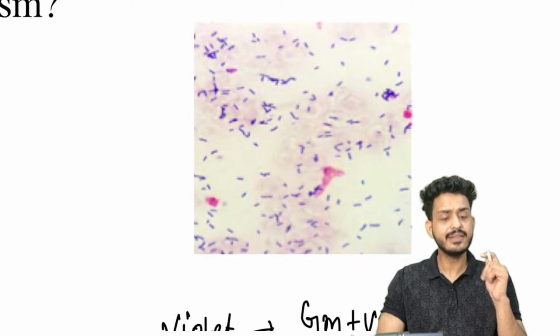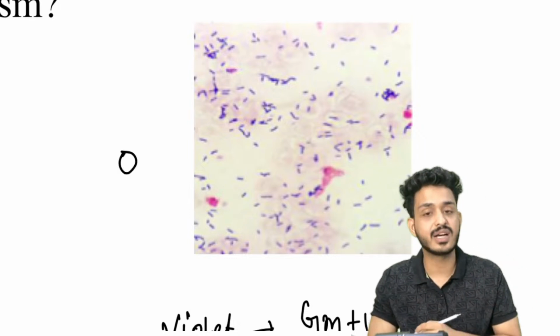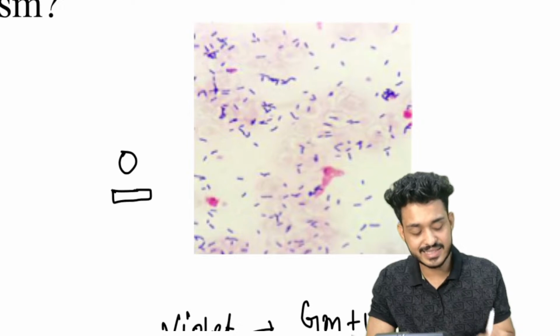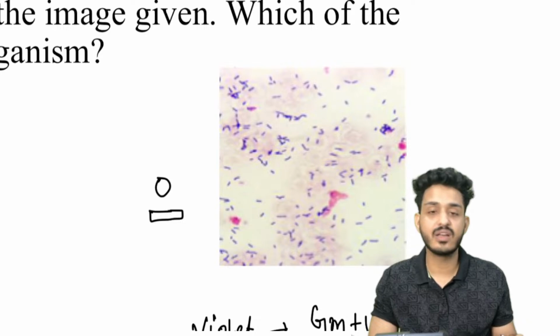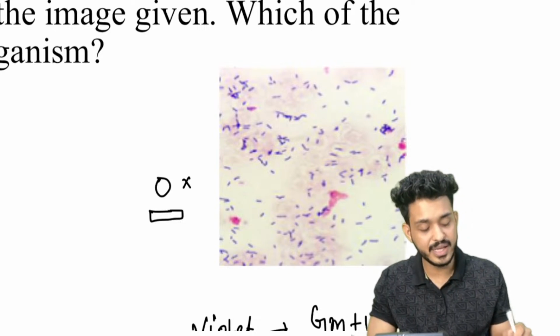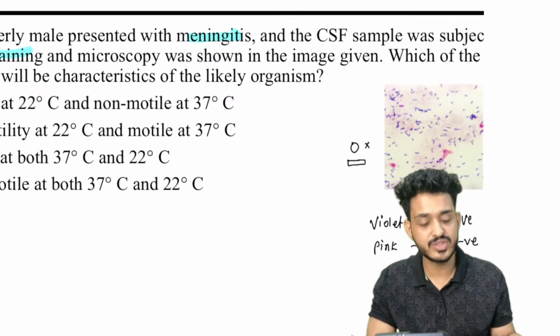Second thing, are they appearing in the form of cocci? Cocci is a round structure. Bacilli is this type of structure. So are they cocci or bacilli? They are definitely not cocci, so cocci will be ruled out. If you want to solve a question based on the image, you can solve it like that.